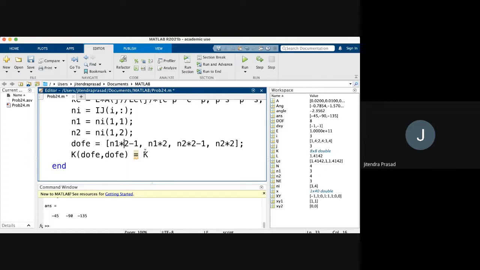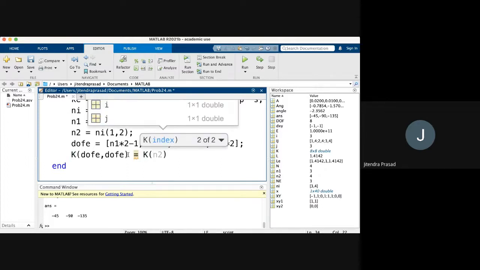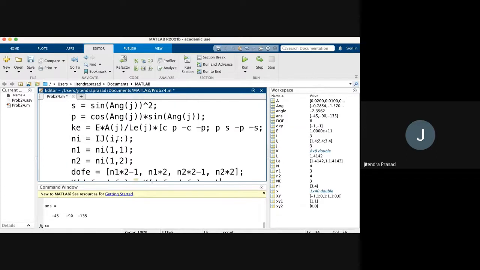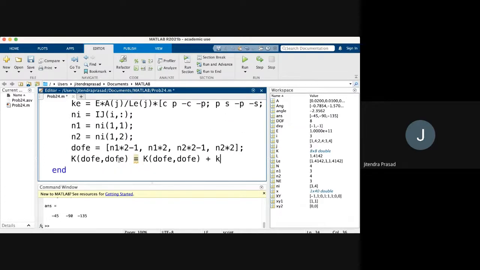We are replacing it with whatever the existing one is, and on top of that we are adding k, this ke. And done.